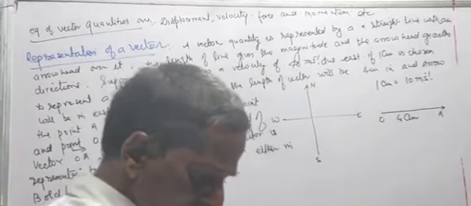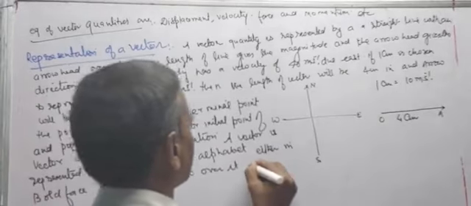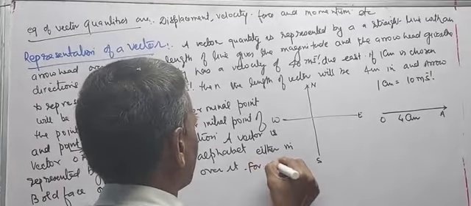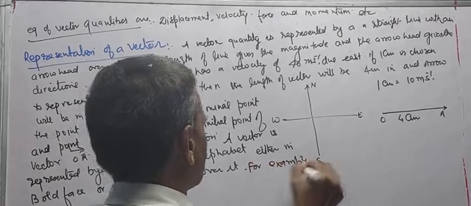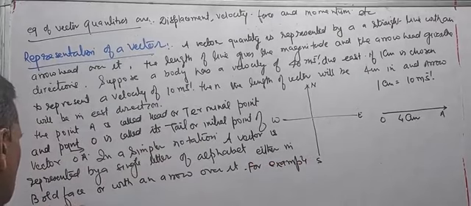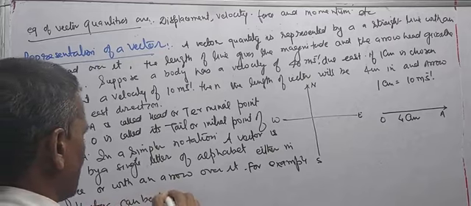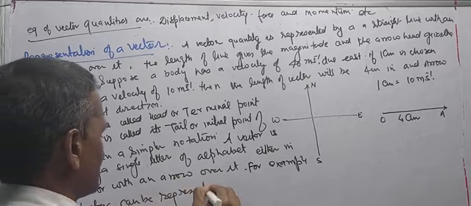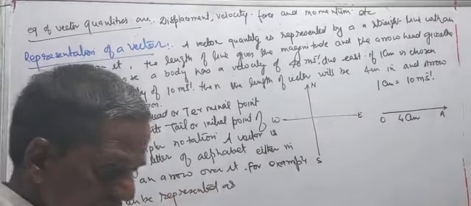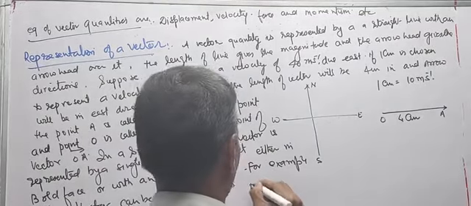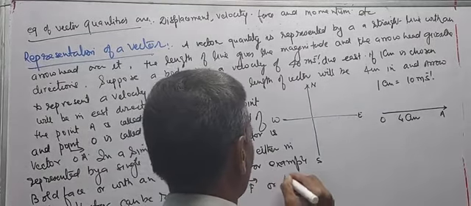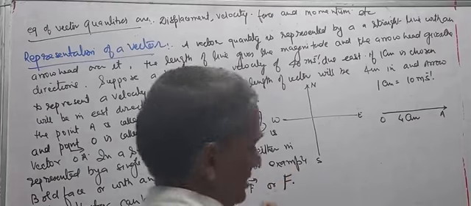For example, a force vector can be represented as F vector or capital F.